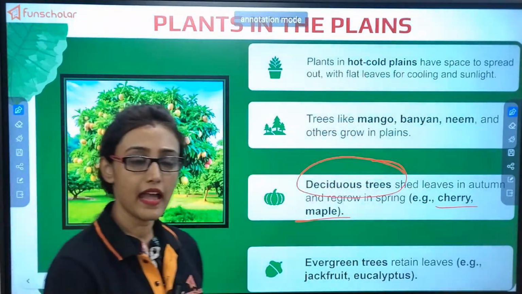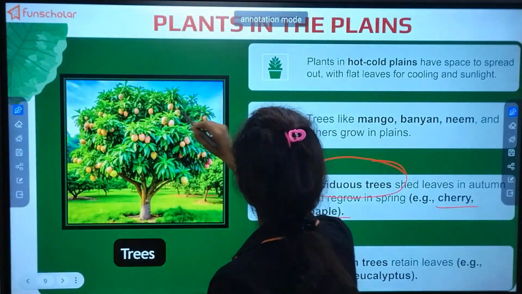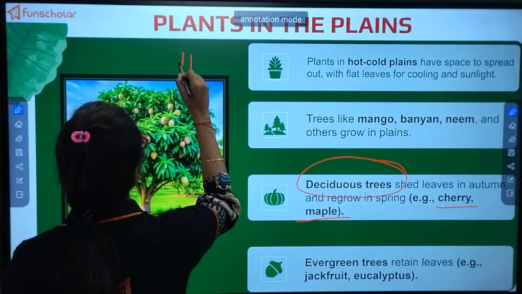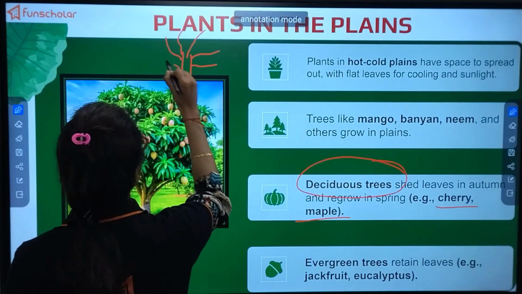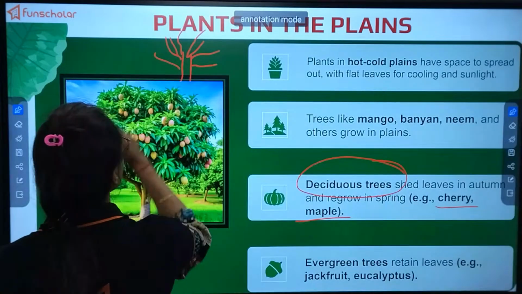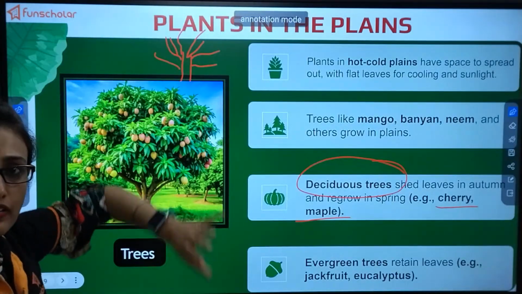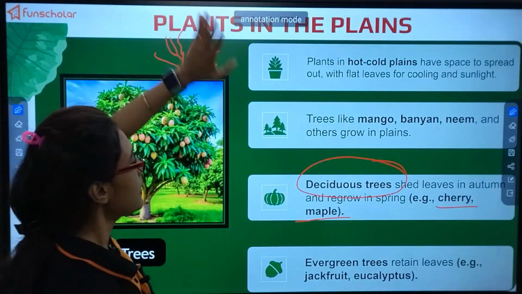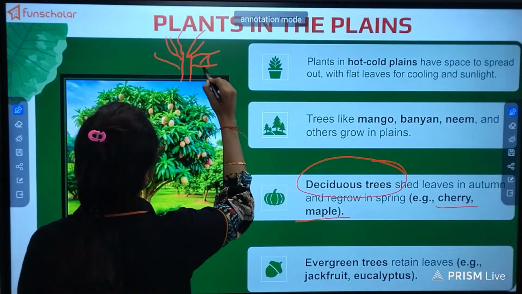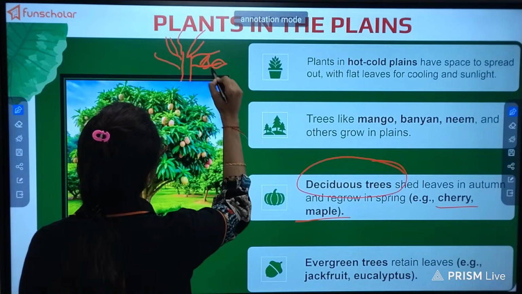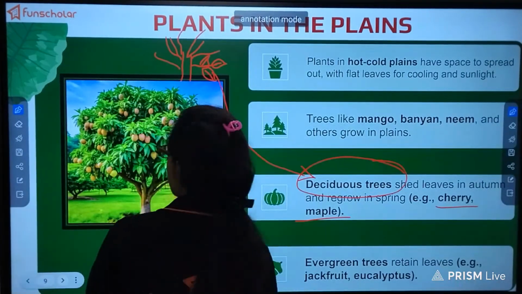They do not retain the leaves throughout the year. Up to autumn they have leaves, and after that, to protect themselves from the extreme cold, they shed them and only the branches remain. Again, when the winter is gone, in the spring season they form the leaves again. These plants are known as deciduous plants.